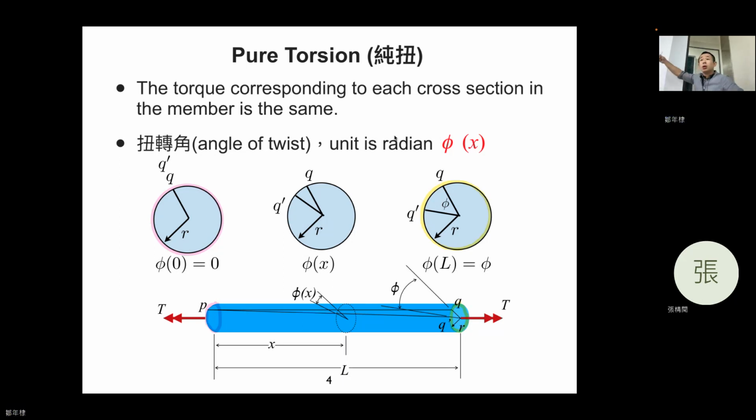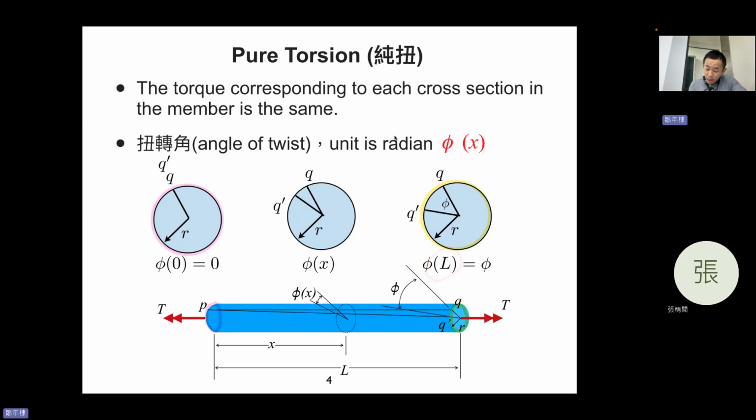Okay, and then you can see that for phi here, x equals 0. Of course, x equals 0. But here phi of L, because x becomes L, x equals L.